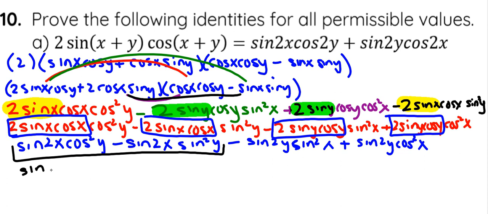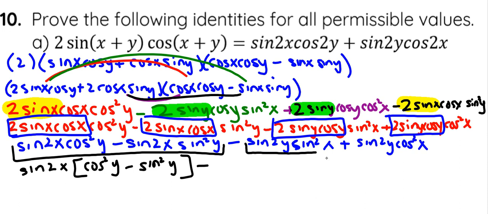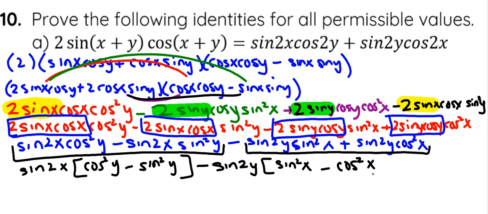Okay, now what I'm going to do is look at this and factor out a sine 2x. So I get cos squared y minus sine squared y. And then over here, I'm going to factor out a sine 2y. So minus sine 2y, take that out. So then I'm left with sine squared x minus cos squared x.